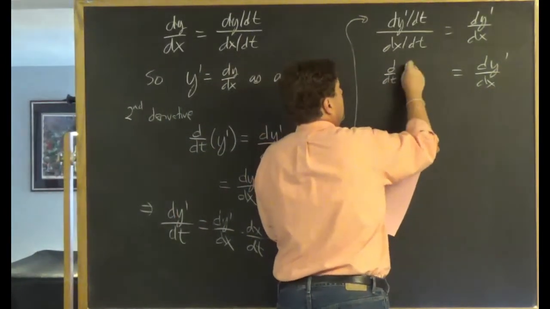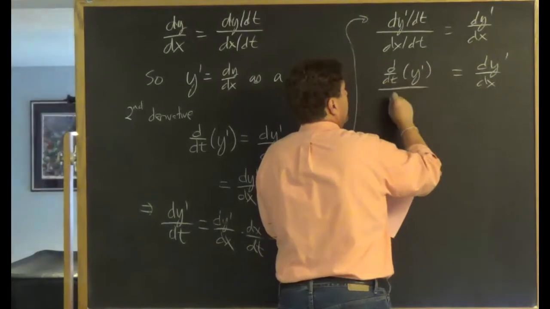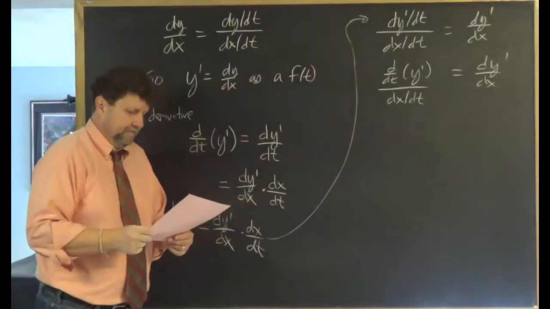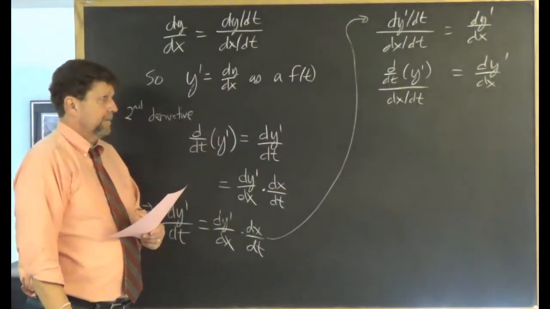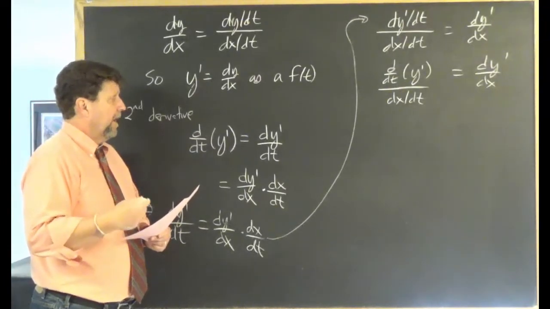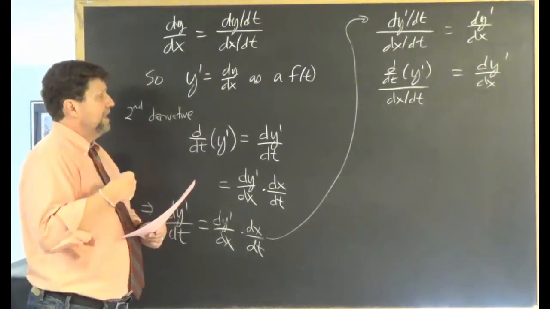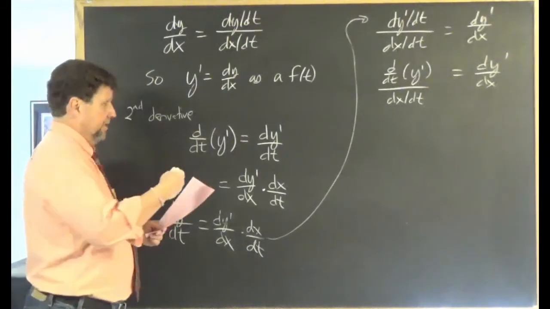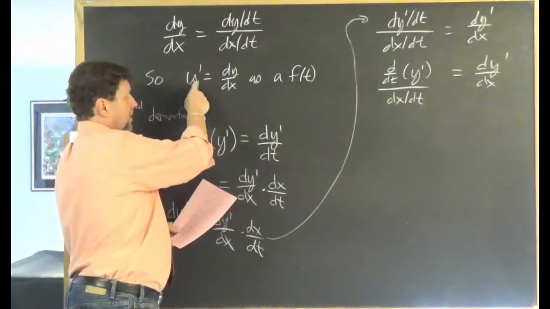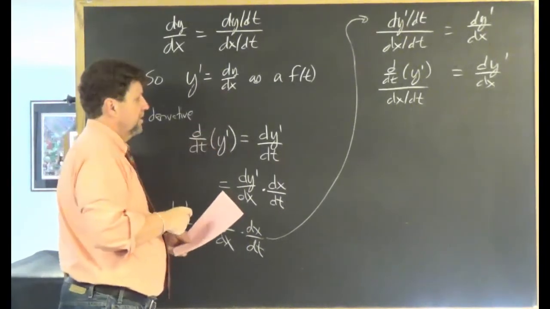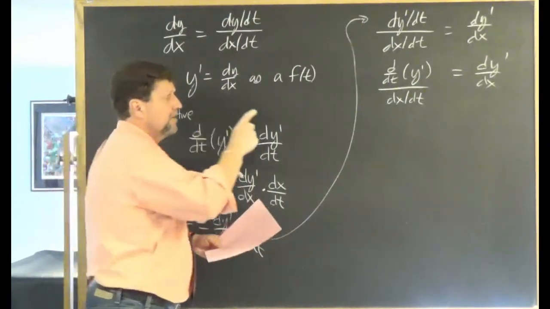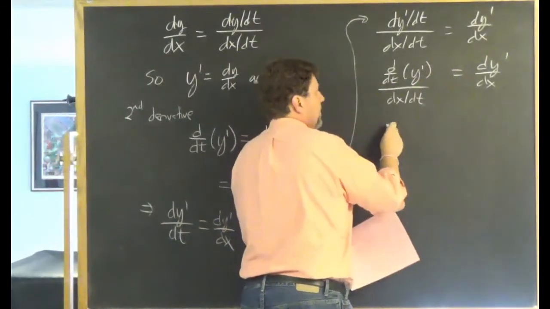It's d dt of y prime, and that's over dx dt. But y prime is dy dx. Remember, it's just another way to say dy dx. So let me put this in here for y prime.